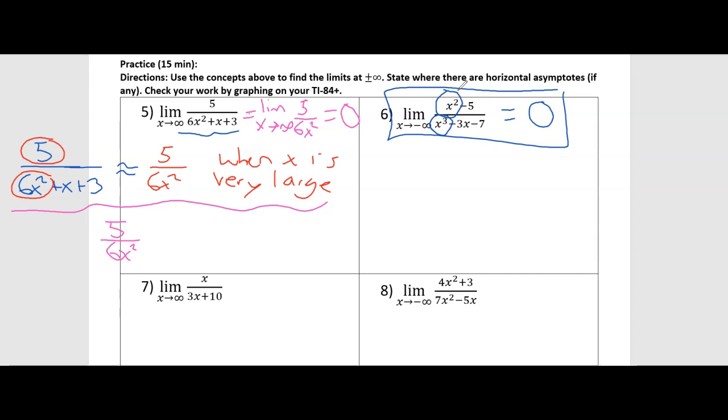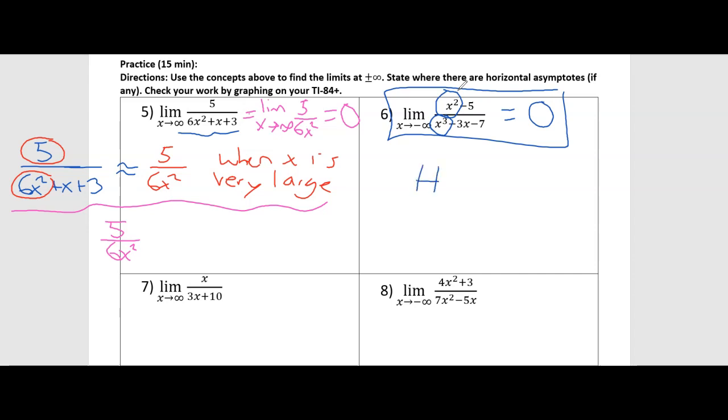Now, something we forgot to do for number 5, but we'll do it at the same time for 5 and 6, is we have to talk about where the horizontal asymptotes are. And we know from our justification up above that the answers to our limit expressions are going to be the values for where our horizontal asymptotes occur.